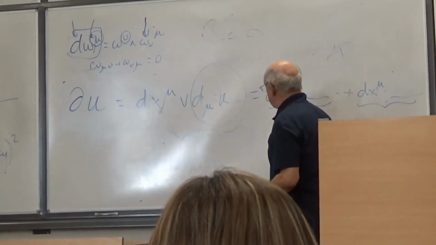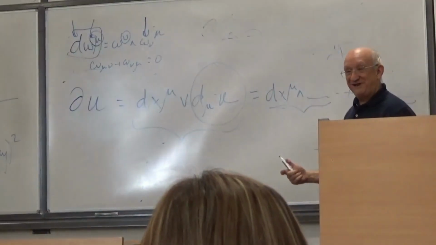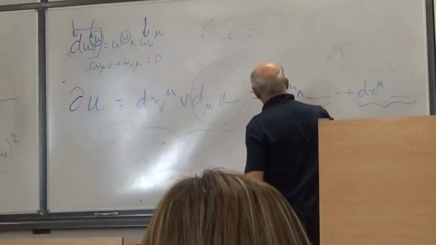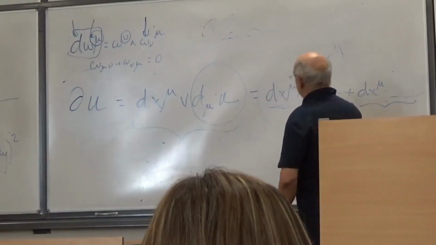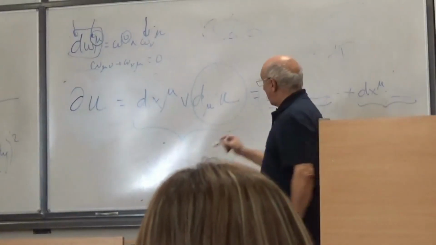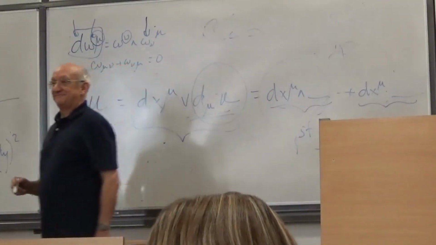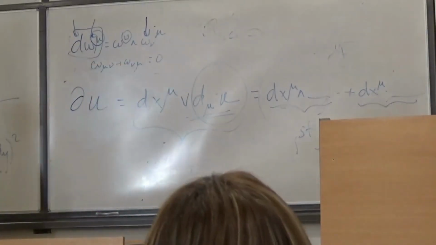Fortunately, this piece does not depend on connection. So this is going to be first. And from there, if I have a metric, I'm going to canonically determine this. Alright?